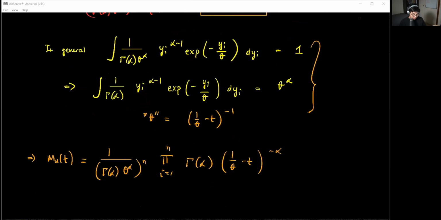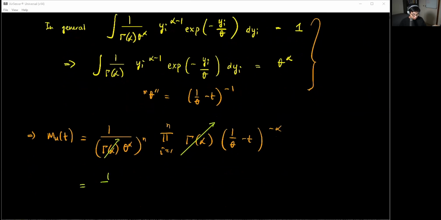So where does that lead us? We can see already that this is going to cancel out with this, and we have 1 over theta alpha n. And then this one here is going to be 1 over theta minus t to the power of minus n alpha.